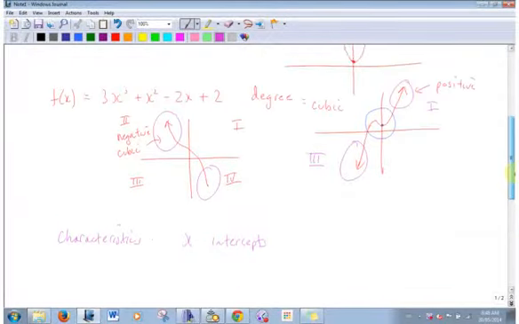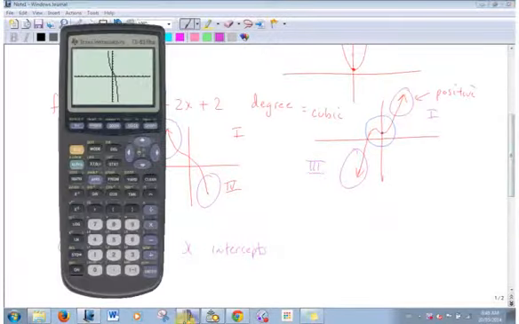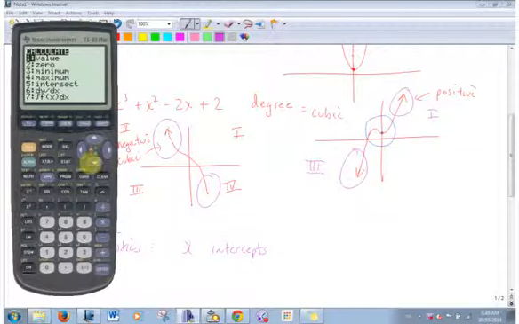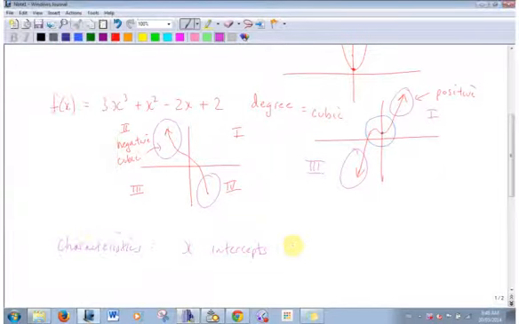And in Math 10, though, you're not allowed one of these guys. You remember how to do an x-intercept on here? Because you've all been through grade 11. Second function, calculate a zero. An x-intercept is a zero. It's also called a root. Same thing. So I think you remember that.